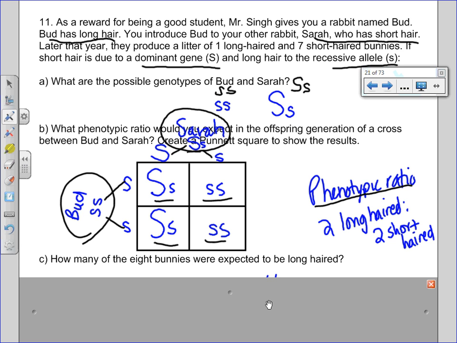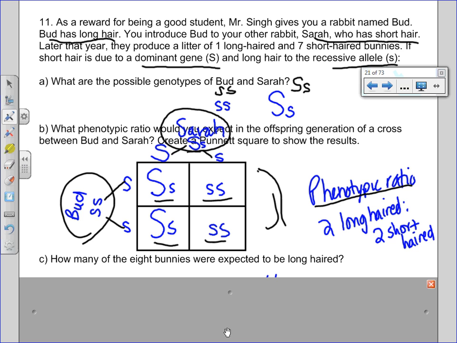How many of the 8 bunnies were expected to be long hair? Well, if you look, 2 of the 4 in the Punnett square, so in other words, half of the offspring, 2 over 4 are expected to be long hair. So if half of them are expected to be long hair, how many of the 8 bunnies would be expected to have long hair? What's half?